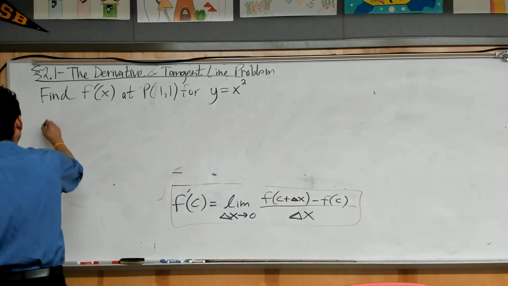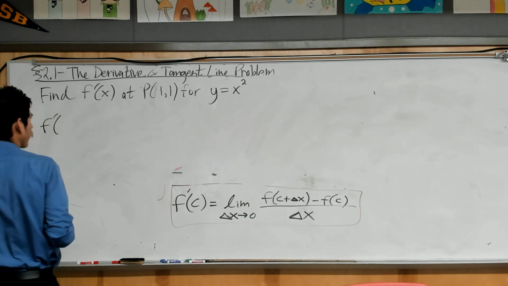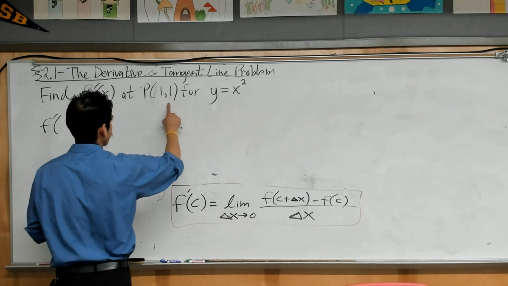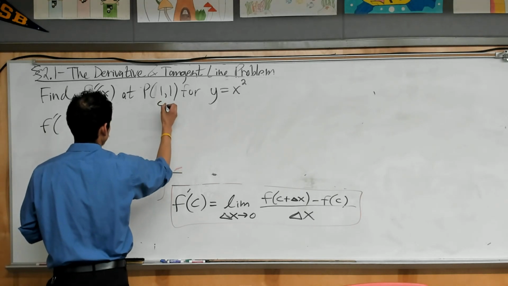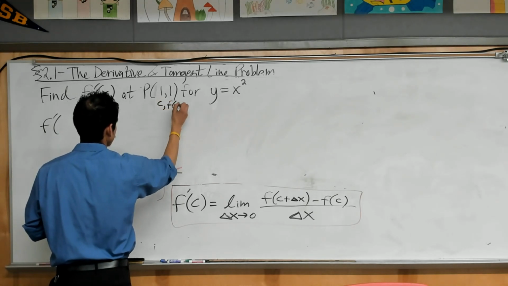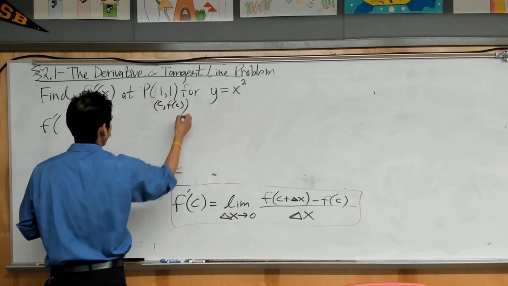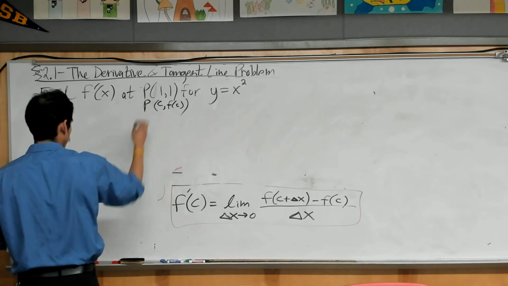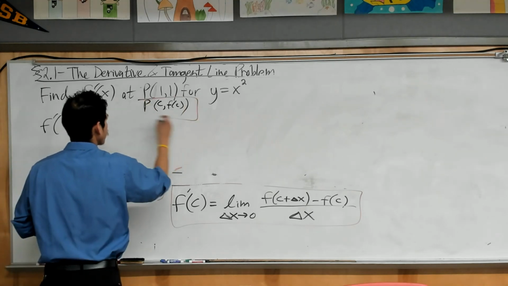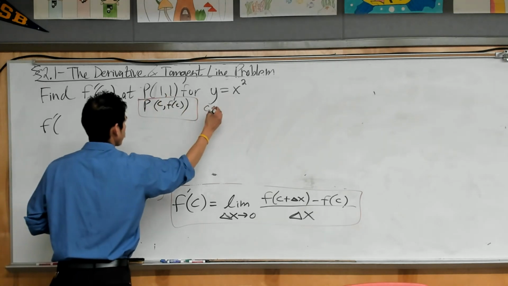So we have f prime of x, or in this case, c is going to be equal to 1. This is c, f of c. So c equals 1.